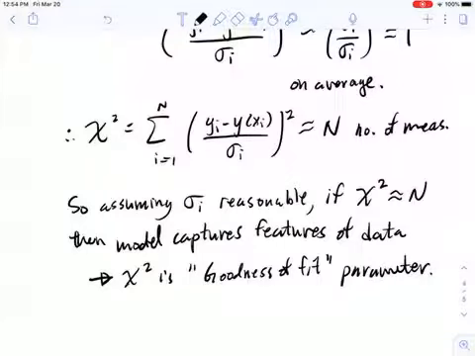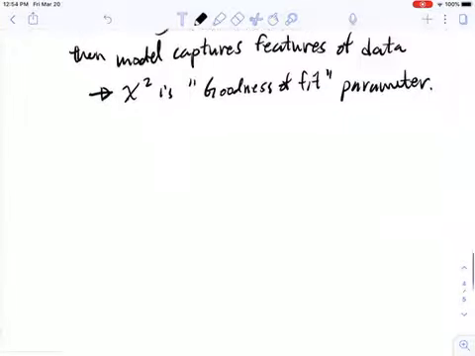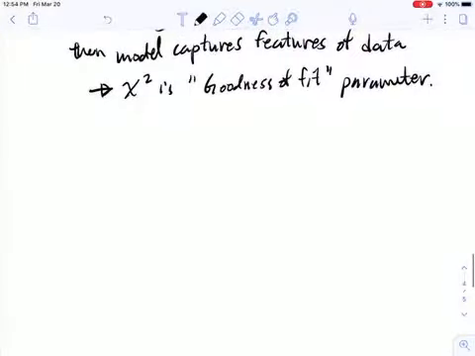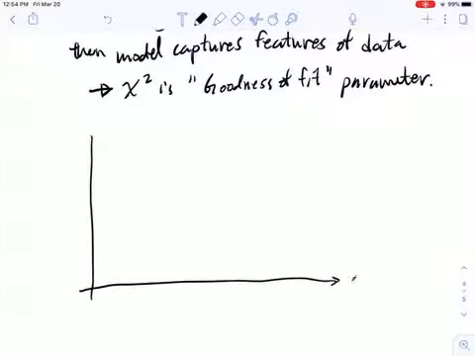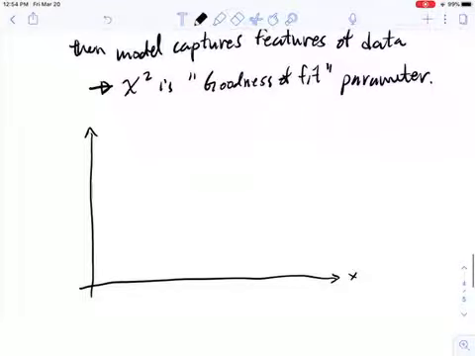All right, so let's consider a case where our model doesn't capture all features of the data. Let's suppose we have our model prediction that looks something like this, right?